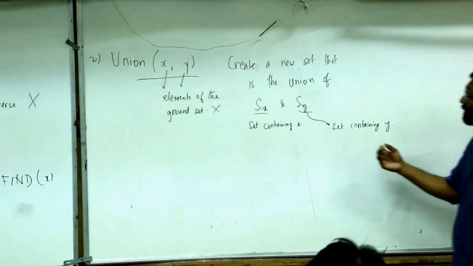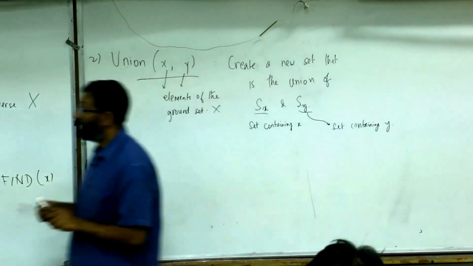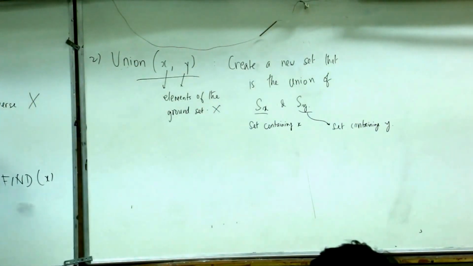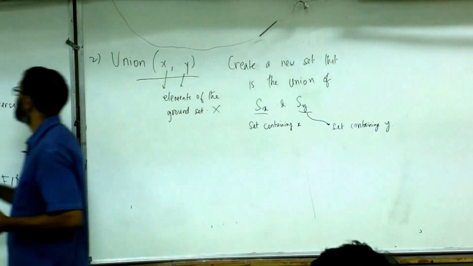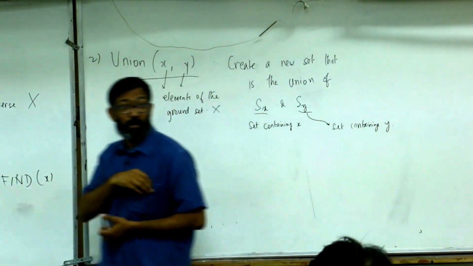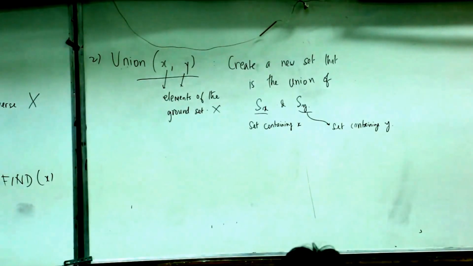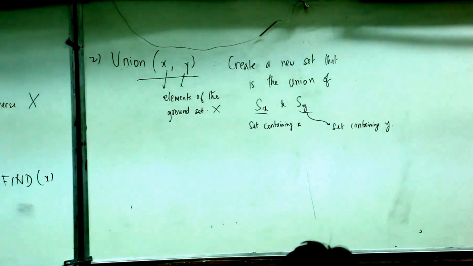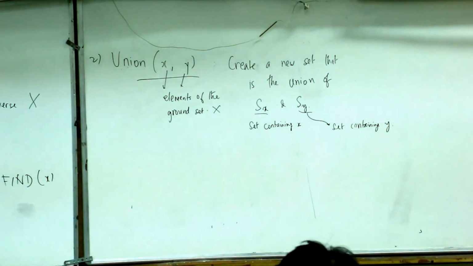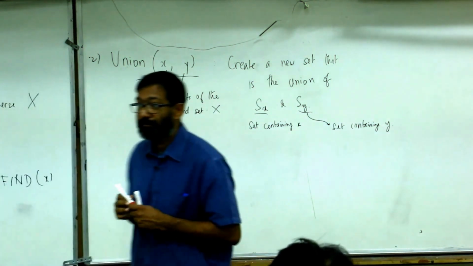So for example, if x is in S1 and y is in S2, if I call union of x comma y, what we do is we create a new set S1 2, that is the union of 1 and 2.